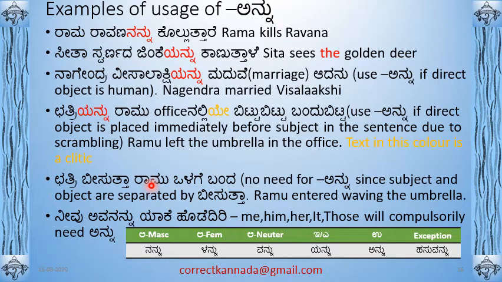So Ramu came inside waving the chhatri. Because this bisutta is in between the subject and the object, and the object is put first and the subject comes later, in these types of scrambled sentences, if you have an in-between word, then there is no need for annu. But if you put annu, you are just overemphasizing it. So this is an example of not using annu. But these are all writing styles, so don't get too bogged down by this. Just be aware of it.